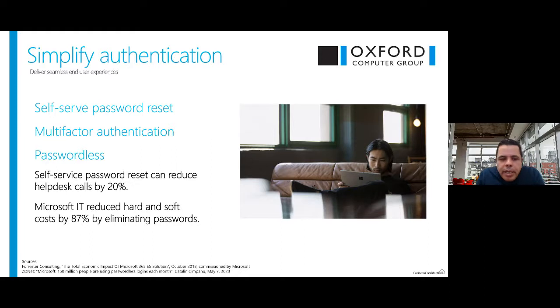In fact, by just doing that alone, organizations can reduce the risk of user account compromise by 99%, is a statistic given there. And then, of course, the next evolution in security is trying to eliminate passwords altogether in the environment by adopting passwordless authentication methods, such as Windows Hello for Business. And the Microsoft 365 stack can enable you to do that right out of the box.